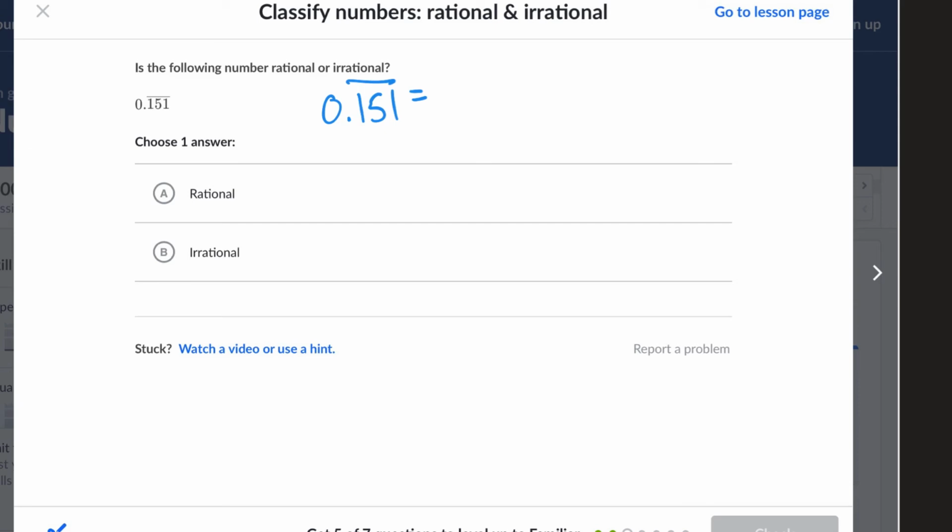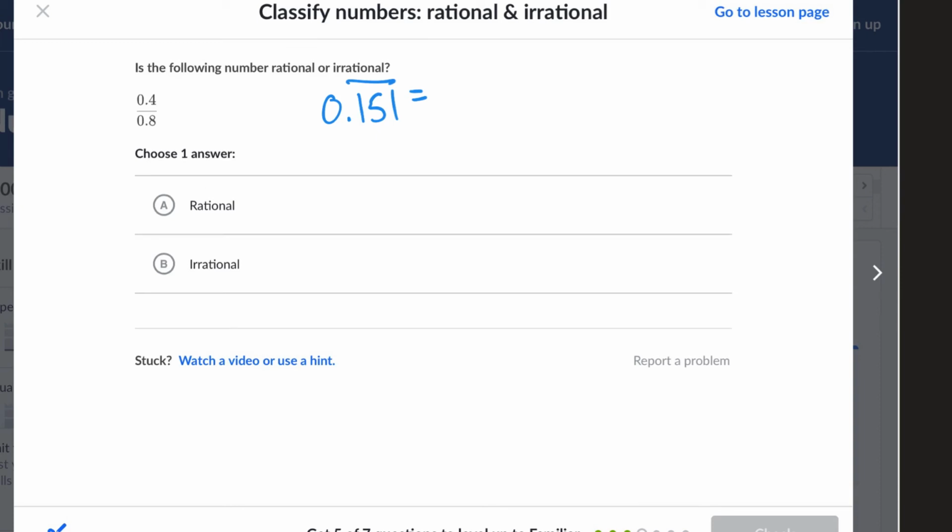Okay. Let's look at another. I'm going to erase all this stuff here because we're looking at another problem. Now, this is not a fraction of integers. This is a fraction of decimals. So that's a problem. However, I could say that 0.4 over 0.8. 0.4, that is 4/10. And 0.8, that's 8/10.